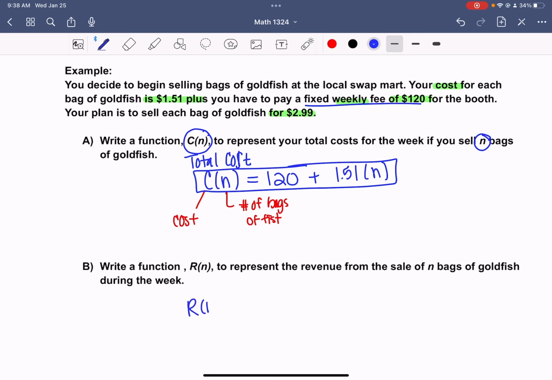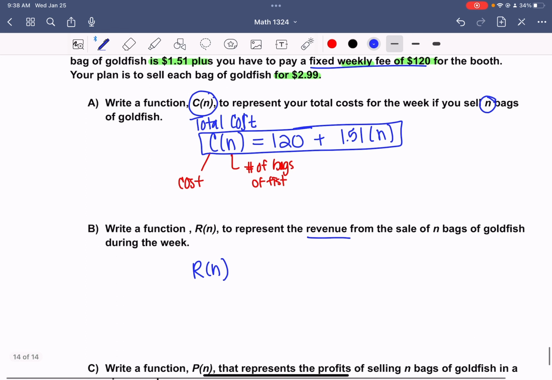Part B says to write a function R of N, so they're identifying that for us, to represent the revenue from the sale of N bags of goldfish during the week. Remember, going back to our definitions, R is representative of revenue. Sometimes they'll just use R, and you'll have to know that that's revenue.